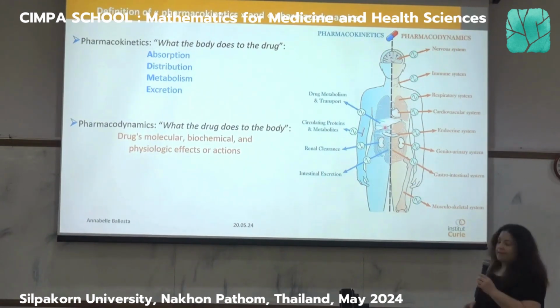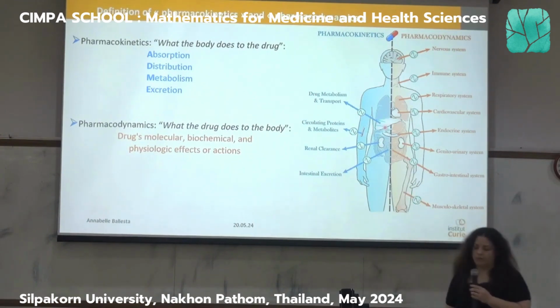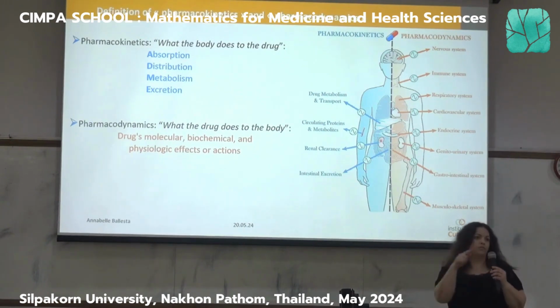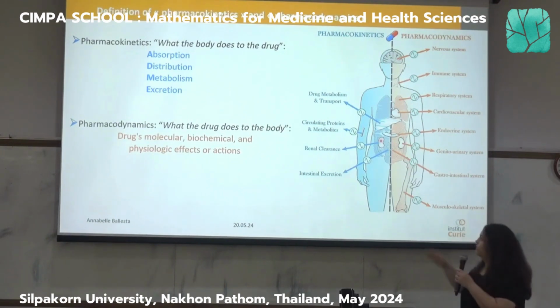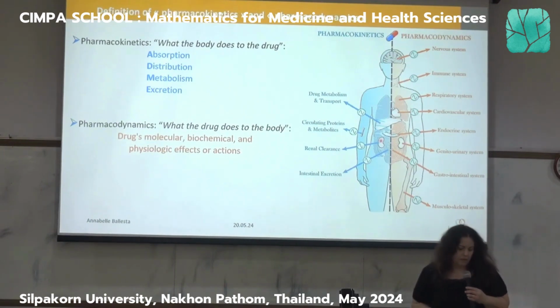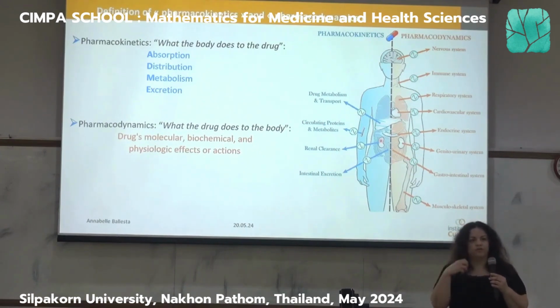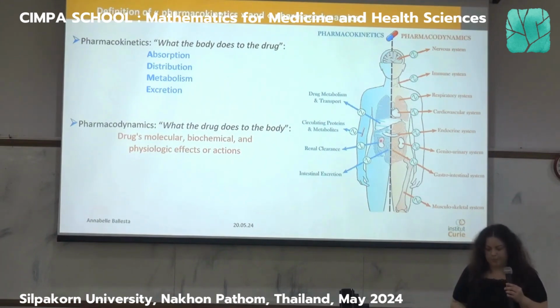And it happens mostly in two ways: through the kidneys, that's here, and then through the urine, so it's called renal clearance or renal excretion, and through the intestine, and then the feces. Well, to be honest, there are also other ways. For instance, when you breathe, you can actually clear some particular drugs. Okay, so that's pharmacokinetics, what the body does to the drug.